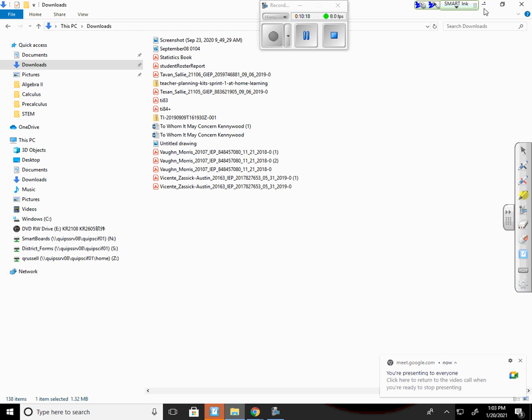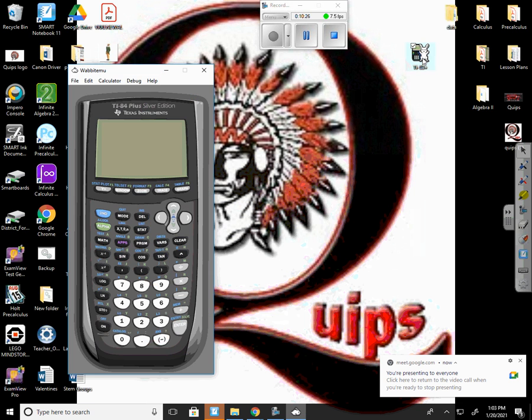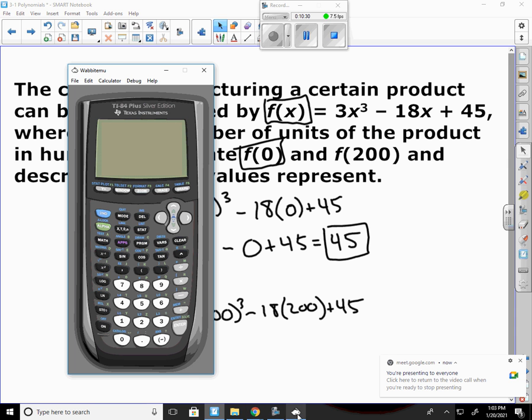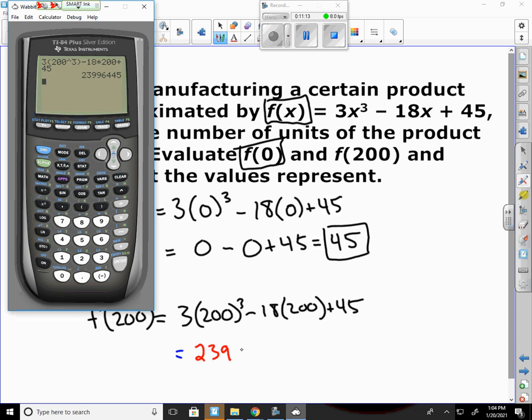Sure, I can figure it out, but so I have 3 times 200 to the third power minus 18 times 200 plus 45. That gives me 23,996,445.